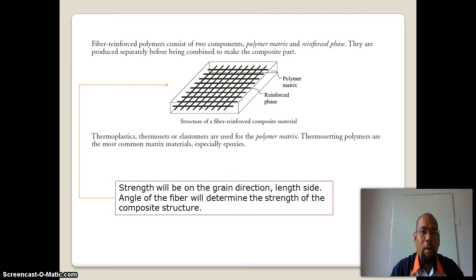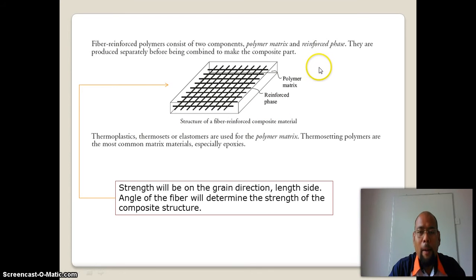Here we have the schematic diagram of the fiber reinforced composite material. The fiber reinforced polymer consists of two components, the polymer matrix and the reinforced phase. They are produced separately before being combined to make the composite part.